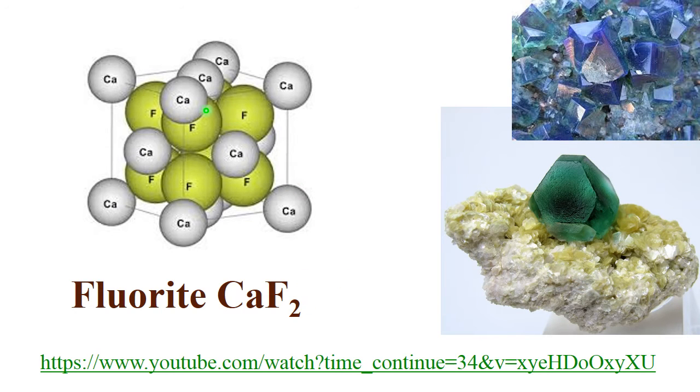Another interesting structure is ratio 1 to 2, calcium fluoride. It's a colorless mineral, but because of impurities, it's often beautifully colored.